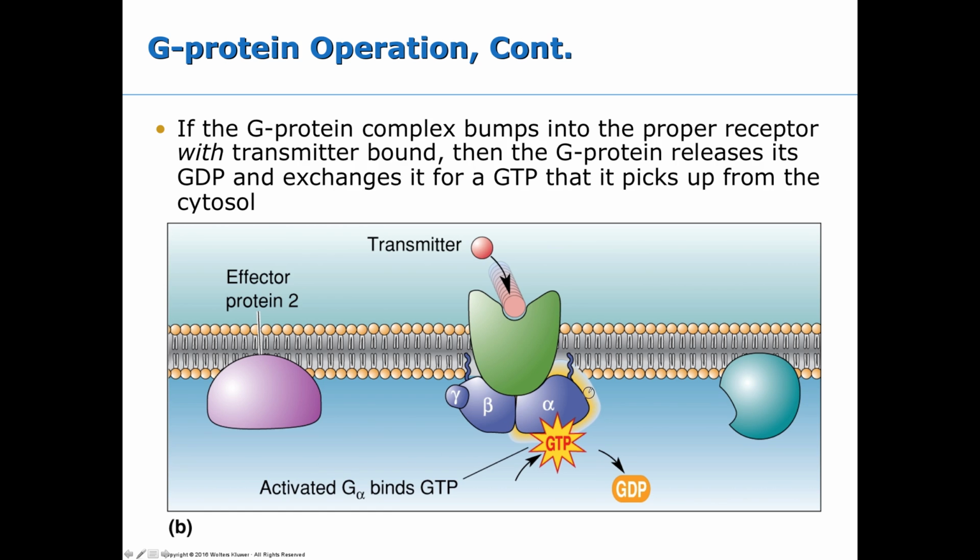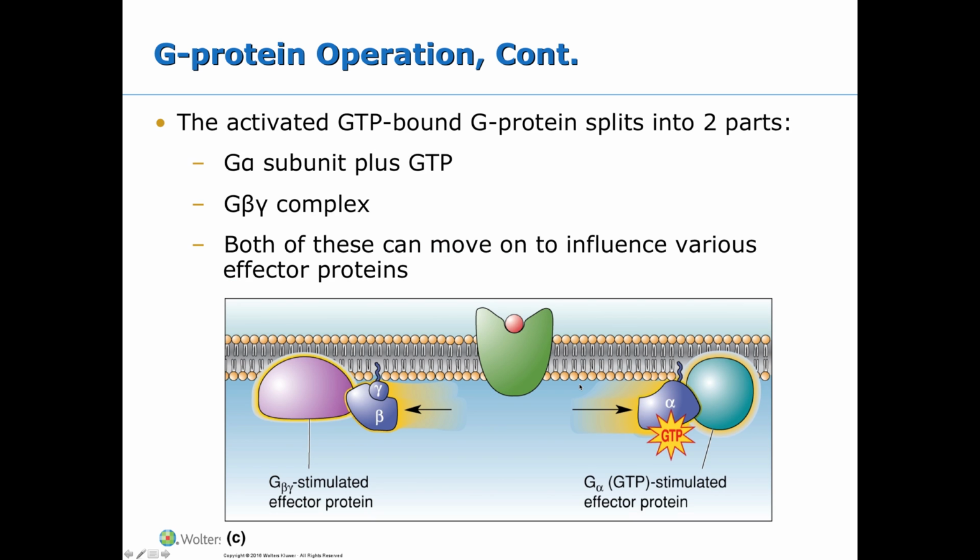So activated G alpha will bind GTP. The activated GTP bound protein will then split into two parts. You have alpha, which is bound to GTP, and you have G beta gamma. So you have the G alpha subunit plus GTP and the G beta gamma complex. Both of these are able to move on to influence various effector proteins.